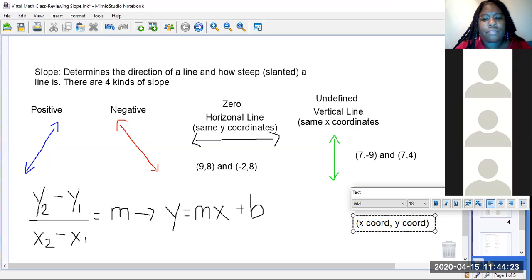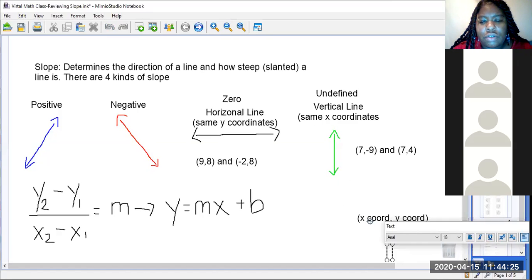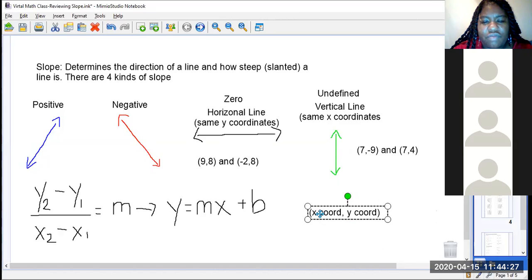Again, this is for anyone who has always gotten it confused which one goes first, the X or the Y. Or if this is a refresher for you, feel free.